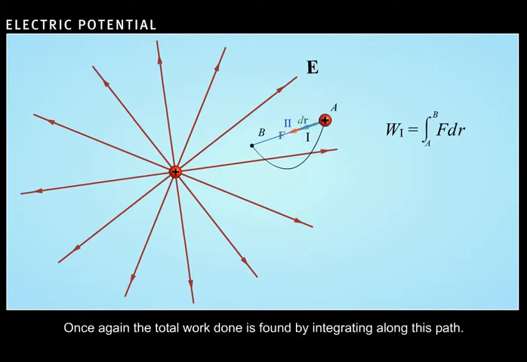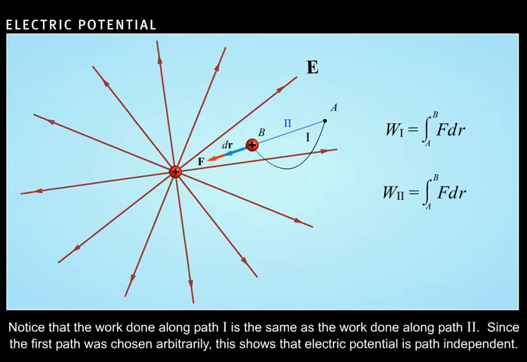Once again, the total work done is found by integrating along this path. Notice that work done along path 1 is the same as the work done along path 2. Since the first path was chosen arbitrarily, this shows that electric potential is path independent.